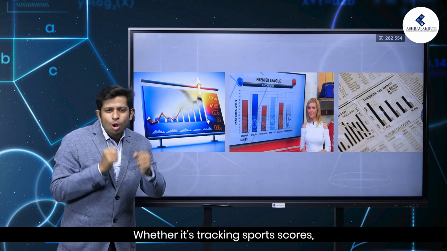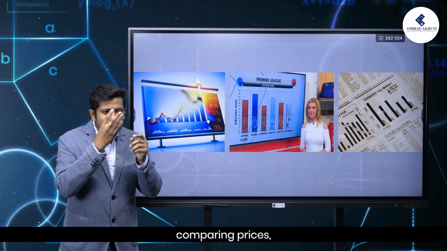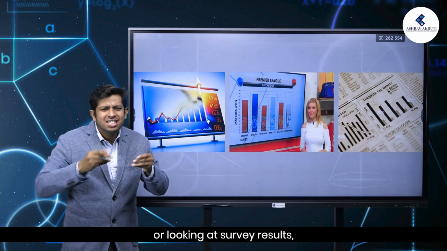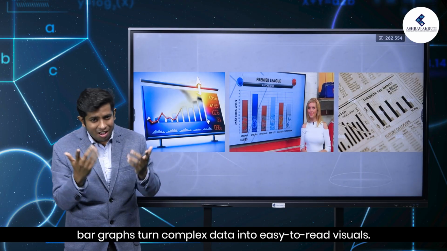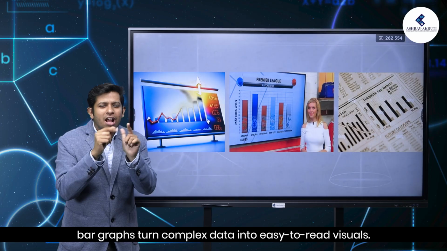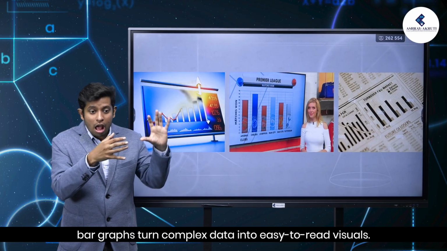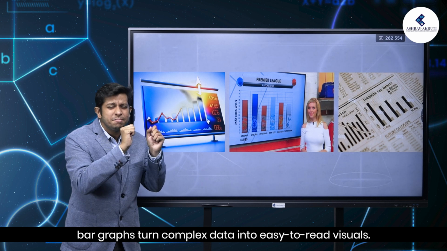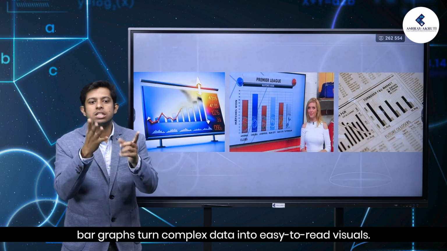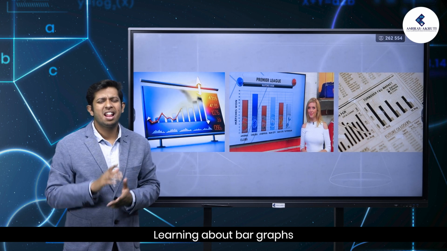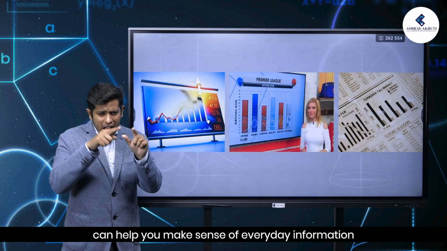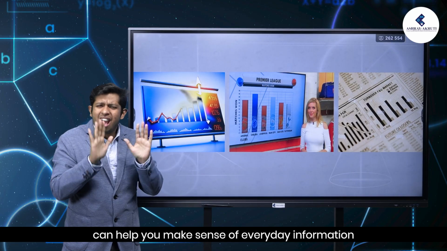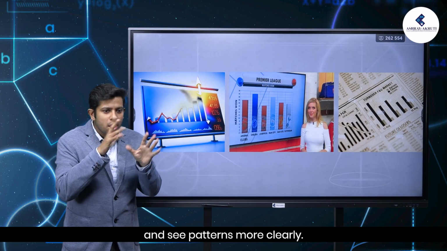Whether it's tracking sports scores, comparing prices, or looking at survey results, bar graphs turn complex data into easy-to-read visuals. Learning about bar graphs can help you make sense of everyday information and see patterns more clearly.